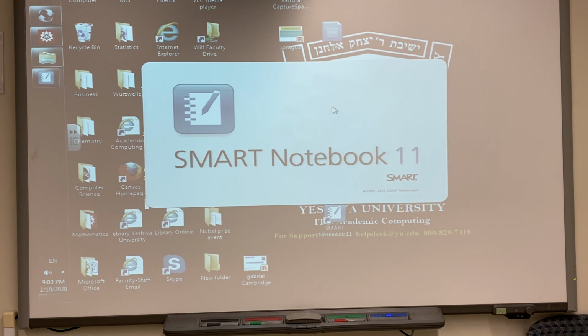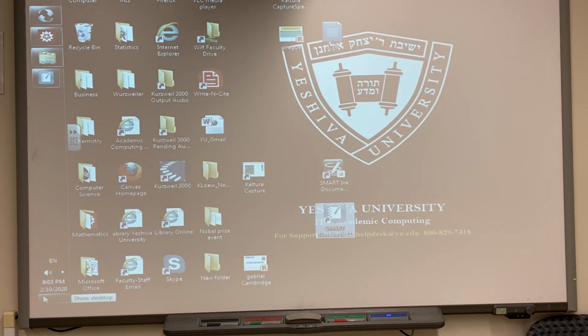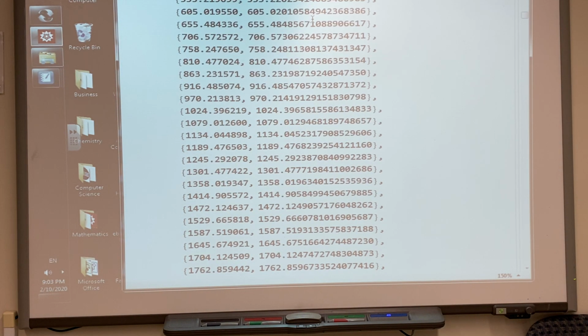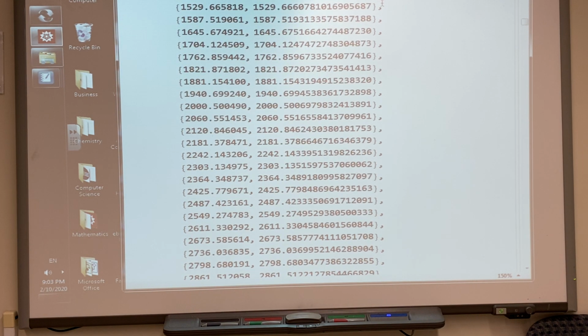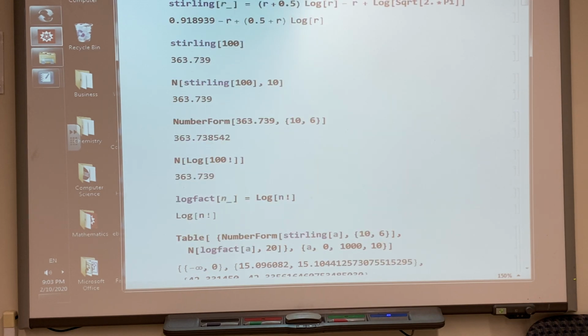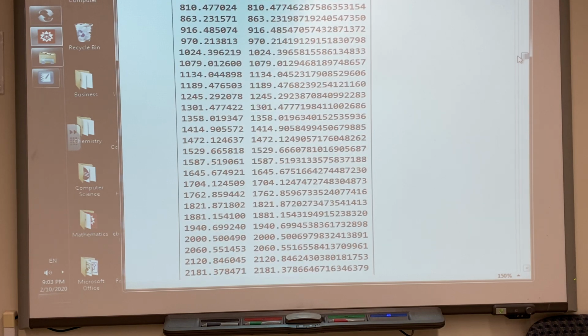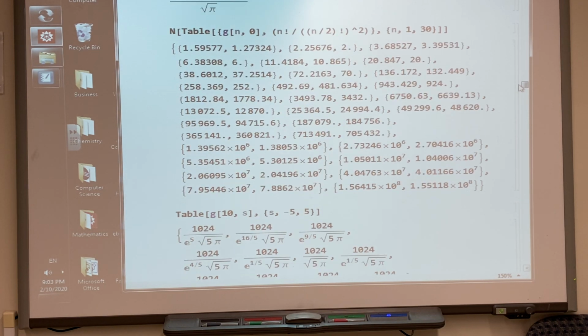Okay, so this is what I showed you last time. I don't want to show you again, but underneath, this is the approximation to the factorial. Remember that we discussed last time.